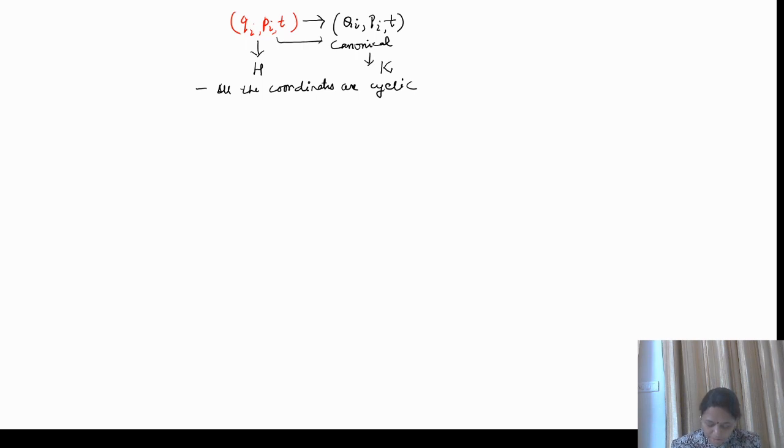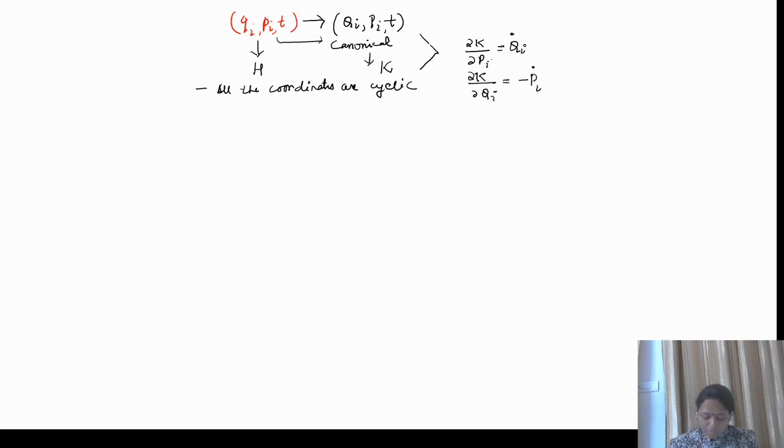That simply means that for this new coordinate system, you will have delta K by delta Pi equal to Qi dot, and delta K by delta Qi equal to minus Pi dot. So these are your equations.